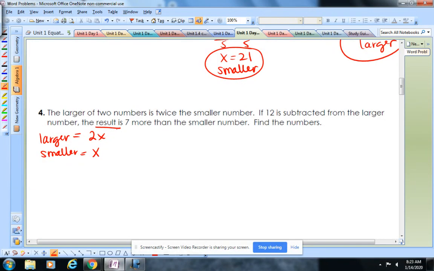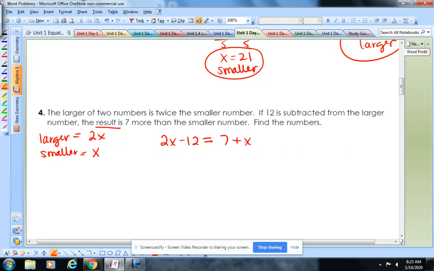That means equals, doesn't it? Okay. So if 12 is subtracted from the larger number, what does that mean? 2x minus 12, because 2x is my larger number, right? The result is means equals 7 more than the smaller number is what? 7 plus x or x plus 7. Okay?